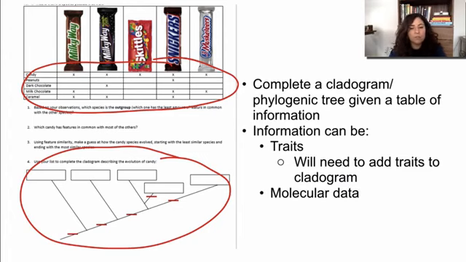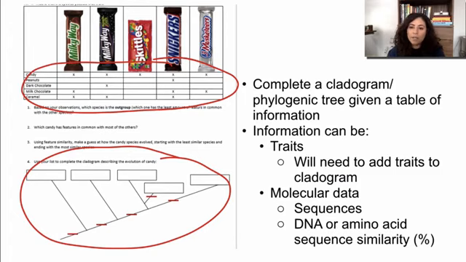Or they might give you some sort of molecular data. So molecular data could be sequences, so actual DNA nucleotide sequences or amino acid sequences, and then you'd have to compare the sequence of species A versus species B. Or they might give you sequence similarities or differences as a percent.